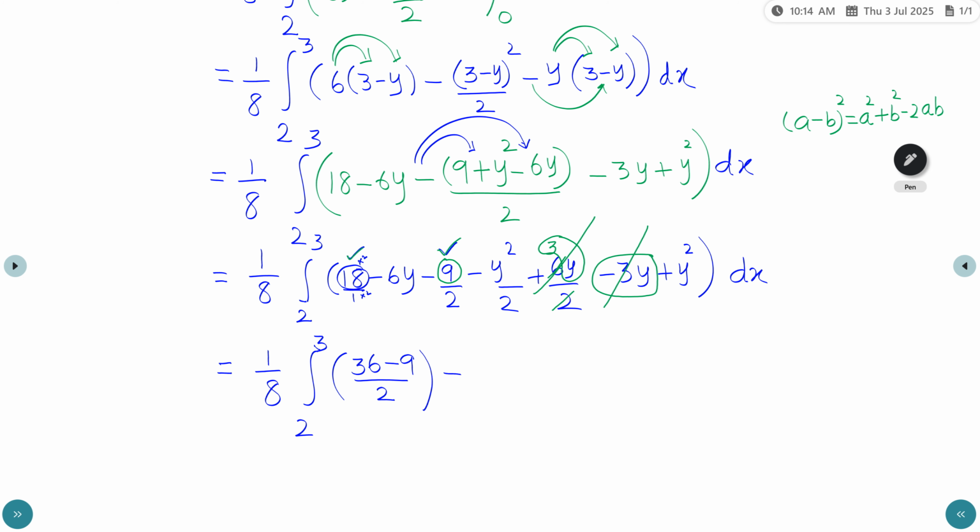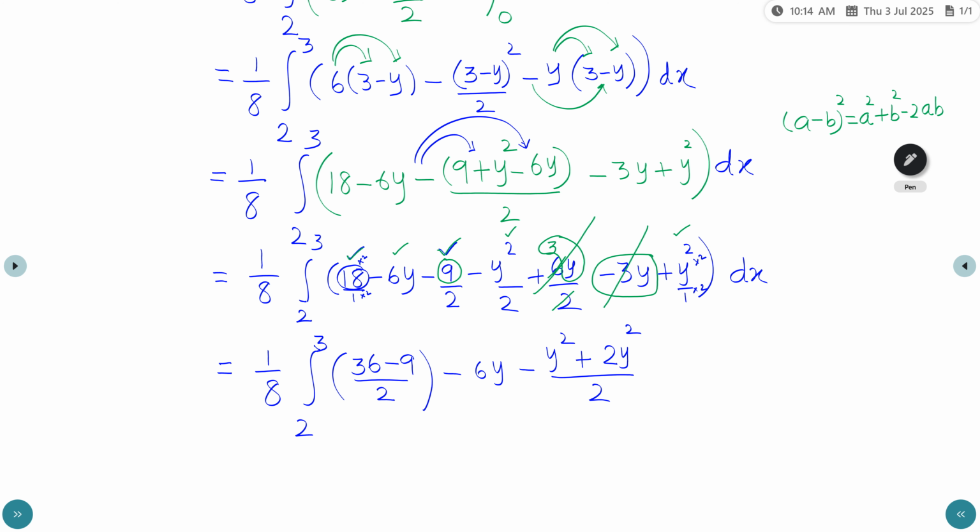Then this term, minus 6y. This is a y squared term, and this is a plus y squared term, so we take the LCM: minus y squared plus y squared by 2, that is 2y squared, multiply and divide by 2.